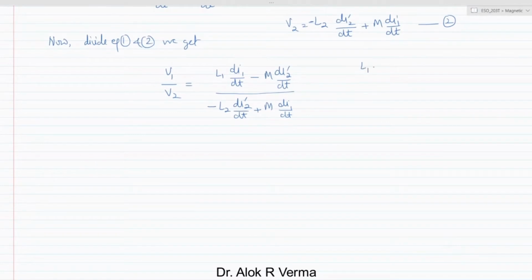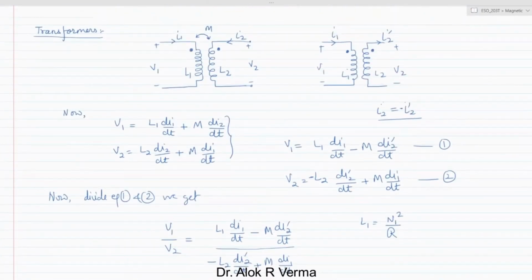Now L1 is nothing but N1 square by reluctance. This is the total reluctance, right? N1 is the number of turns in the coil L1, and the number of turns in the coil L2 is N2. So L1 is N1 square by R, and similarly L2 is N2 square by R, where R is the reluctance again, and M is nothing but N1 N2 by R. This is the mutual inductance.